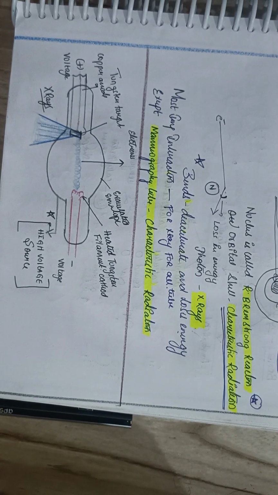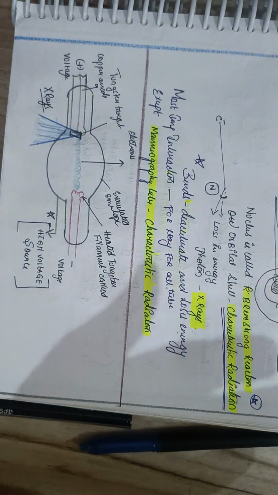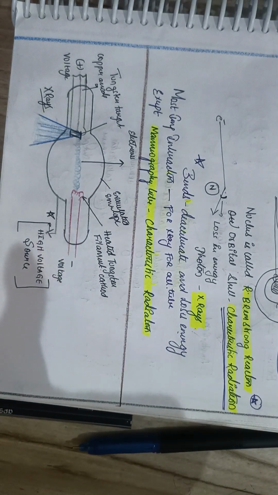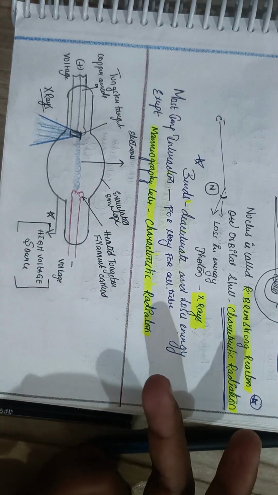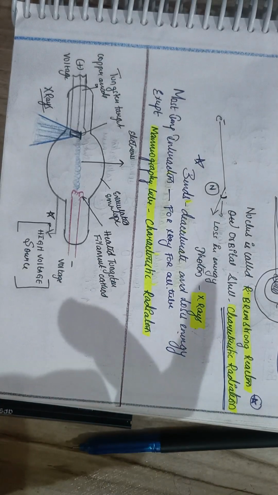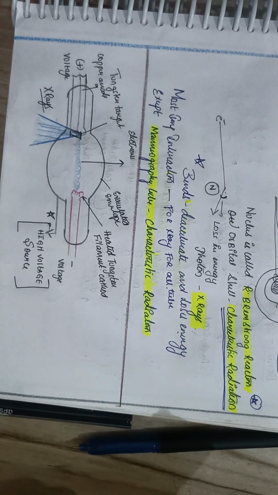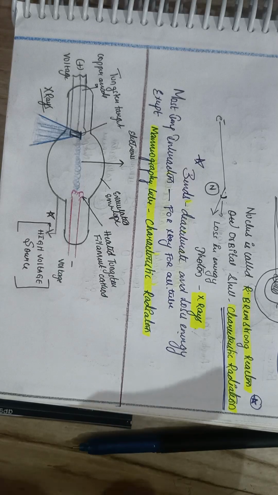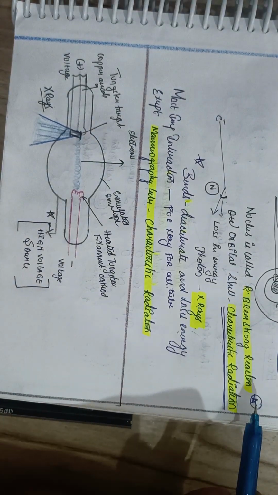I have explained the cathode, the anode, and the Bremsstrahlung reaction and characteristic radiation. Now, the most important interaction in all X-ray tubes is the Bremsstrahlung reaction.